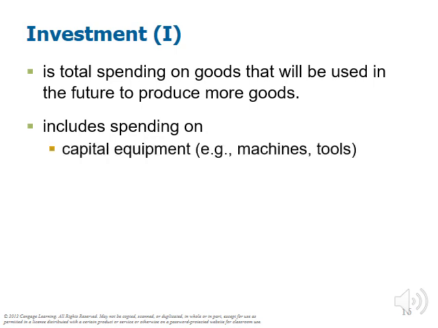Take note, investment does not mean the purchase of financial assets like stocks or bonds. In common parlance, we say, I'm undertaking some investments when we buy stocks or buy bonds. But this is inaccurate from an economics class perspective.